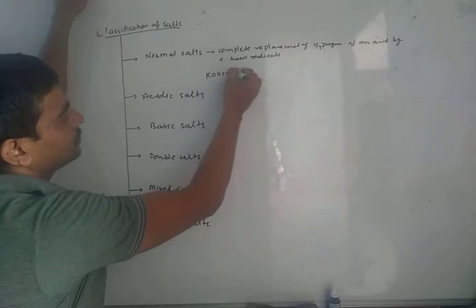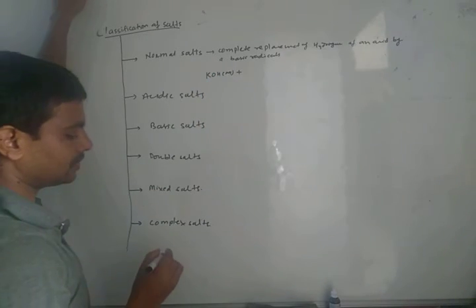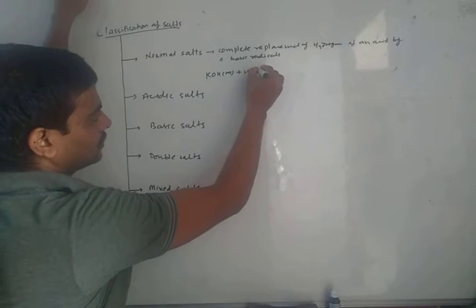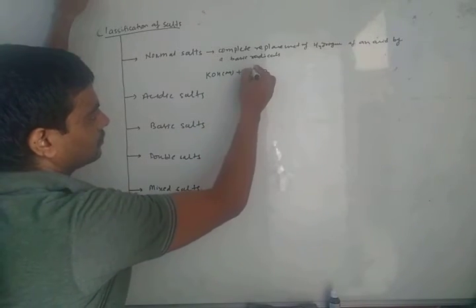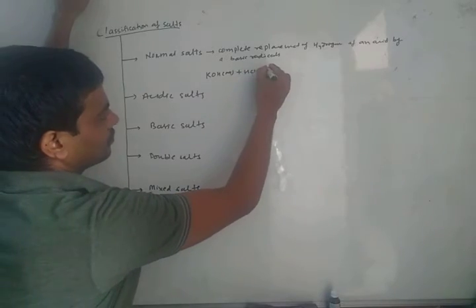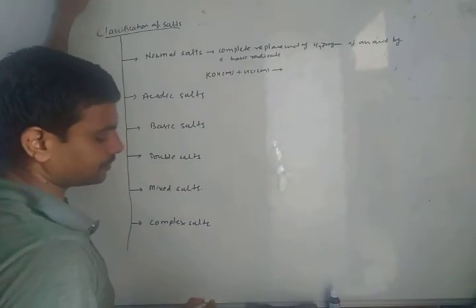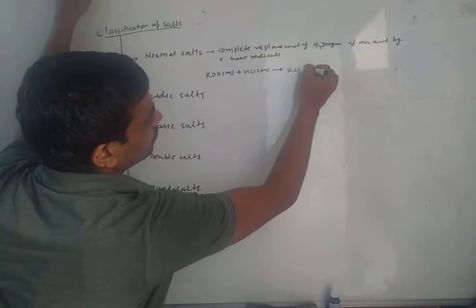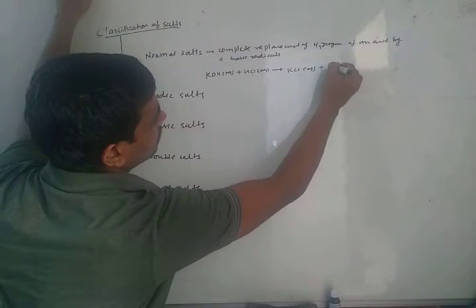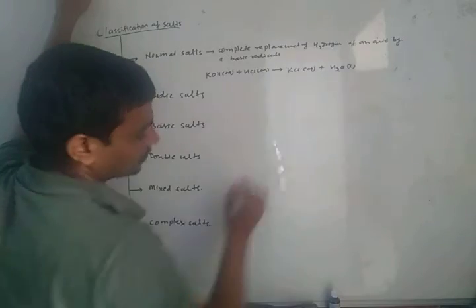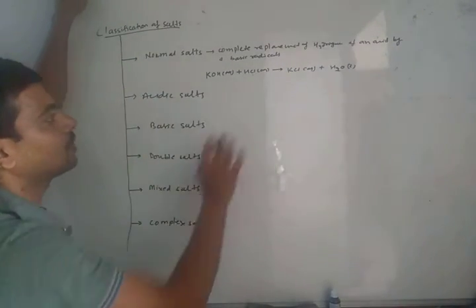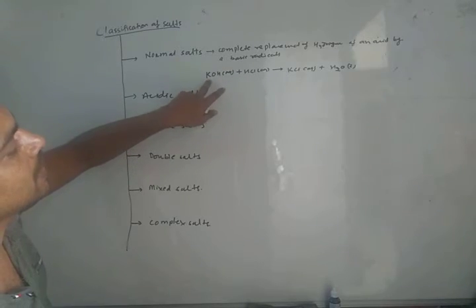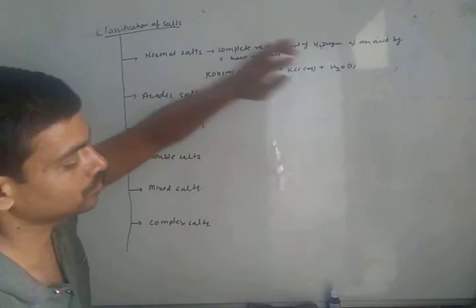For example, KOH aqueous on treatment with HCl aqueous gives KCl aqueous plus H2O liquid. This is an example of a normal salt, because the one H plus of the acid is completely replaced by a potassium atom, and this is the salt.